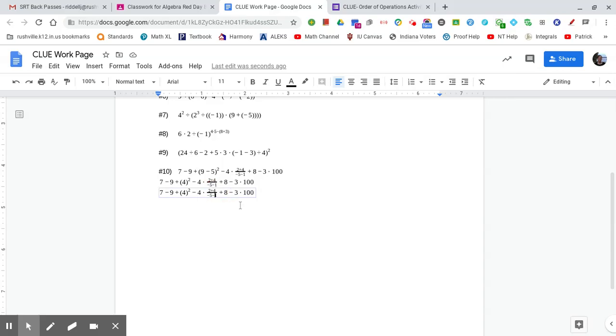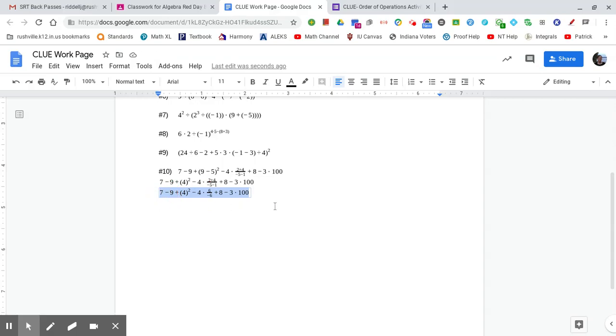In the numerator, I have 2 plus 4, so I'll change that to 6. And in the denominator, I have negative 5 minus 1. Those have the same sign, so I add 5 and 1 to make 6, and since they were both negative, this gives us negative 6.